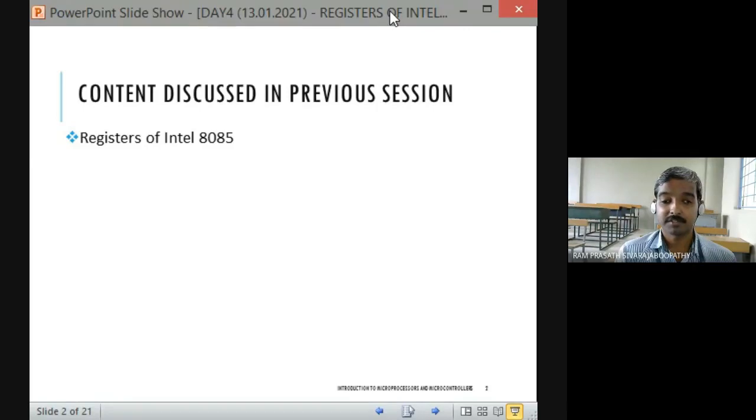What is the purpose of registers in a microprocessor in general?